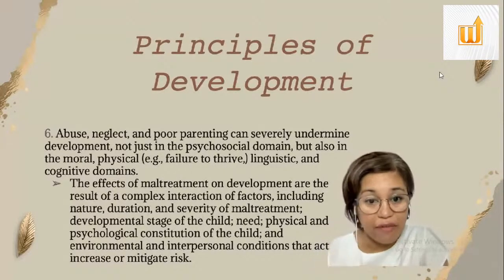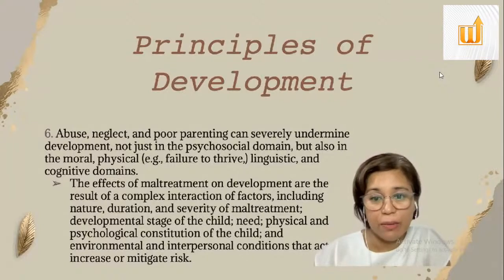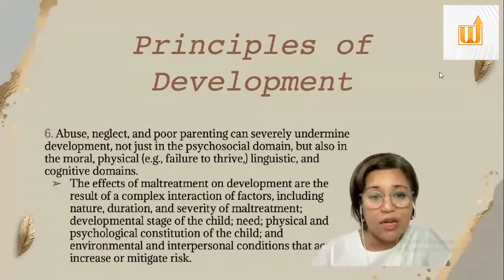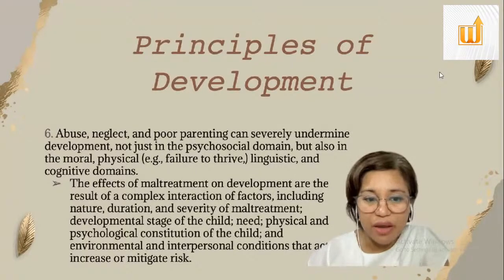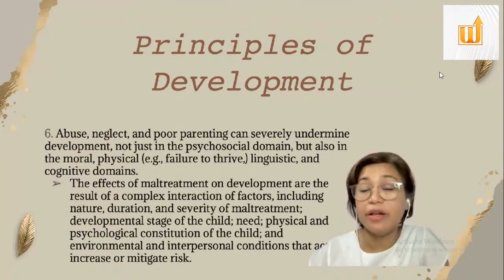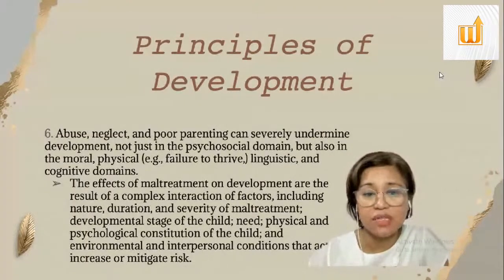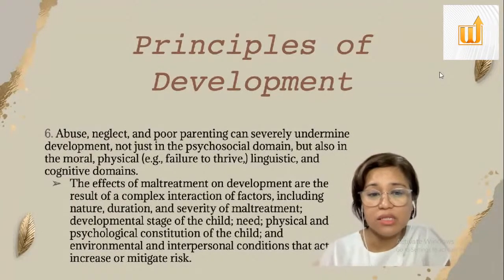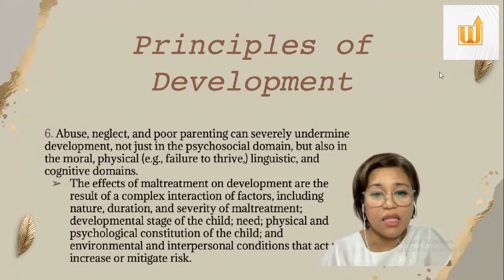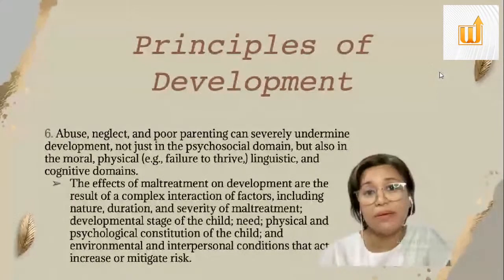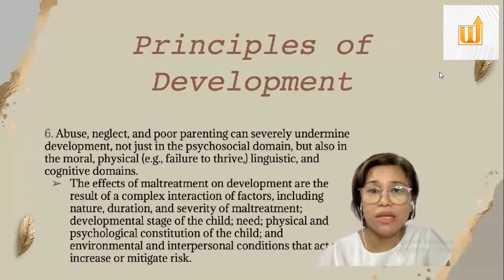So the effects of maltreatment on development of the child results from a complex interaction of factors, including the severity of maltreatment, the developmental stages of the child, the physical and psychological constitution of the child, how the child physically and psychologically developed, and the interpersonal capacity of the child. We need to mitigate this risk.